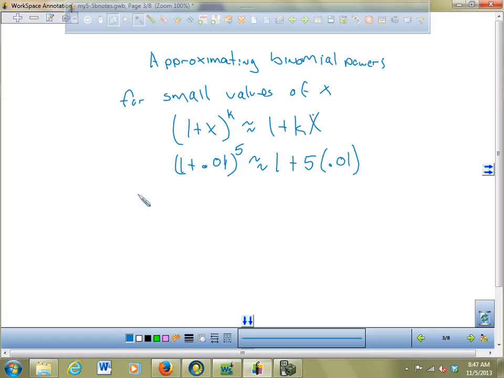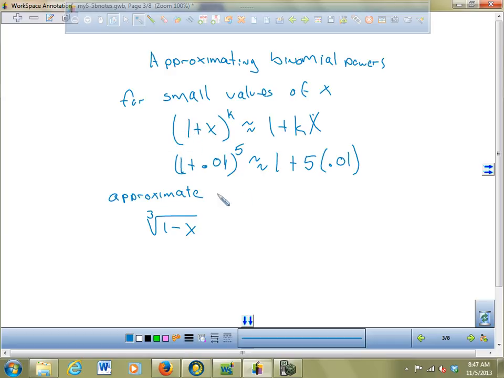So another more complicated example, they might say approximate the cube root of 1 minus x. In order for you to be able to use this formula, this number right here needs to be a 1. Okay? You remember we were talking about that yesterday? In order for you to use this formula, this number here needs to be a 1.